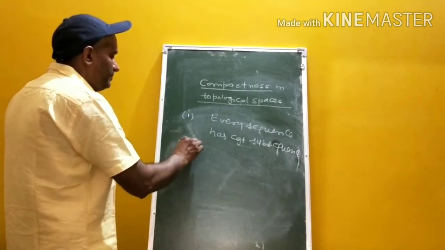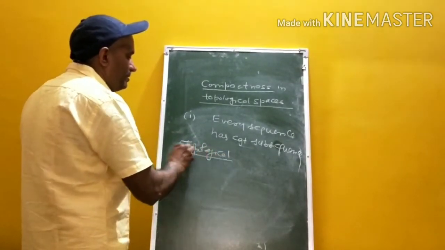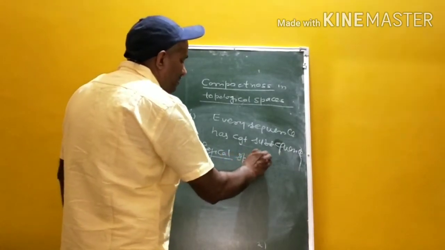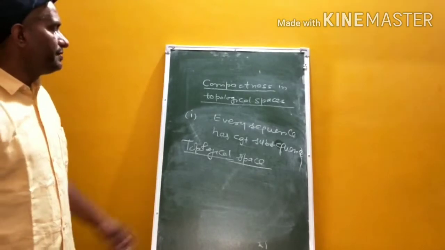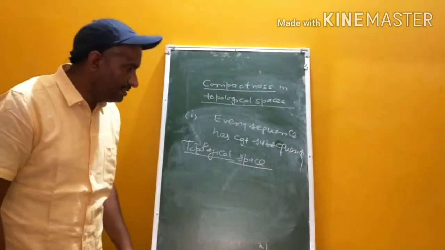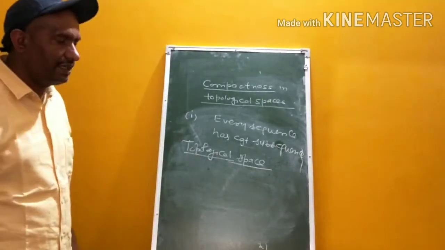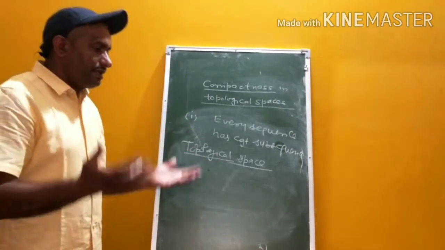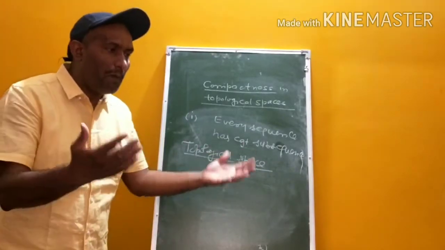In topological space, we are not always able to find a useful metric on a given set, so we take the help of topology. In topology, we consider a collection of subsets, and that collection of subsets forms the open sets.